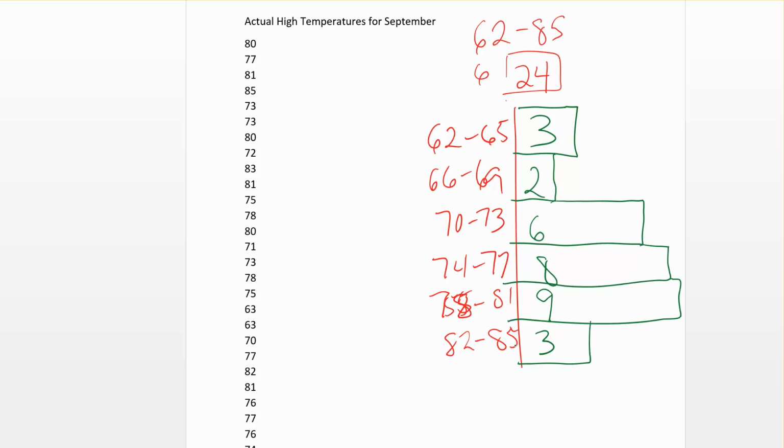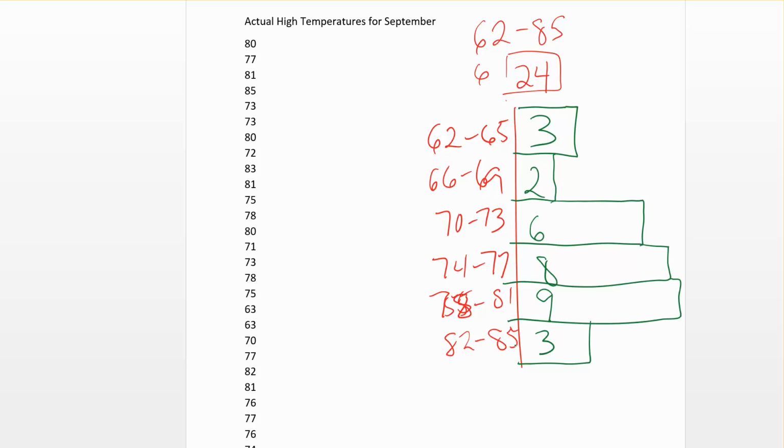And I think the answer is going to be no here. It's not got great symmetry. Obviously, there's fewer days of the lower temperatures, and the higher temperatures are kind of grouped in the middle. Doesn't have great symmetry. It isn't necessarily bell-shaped. So I'd kind of tend to lean towards a no here.